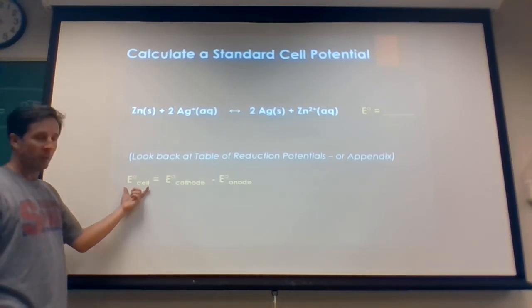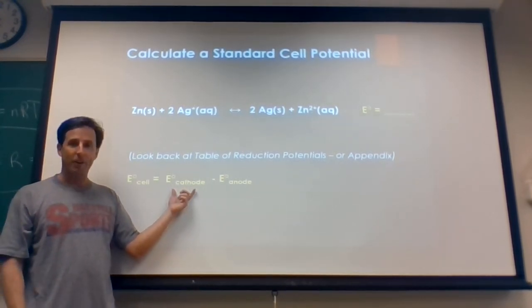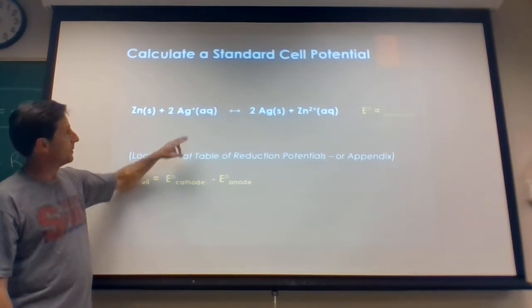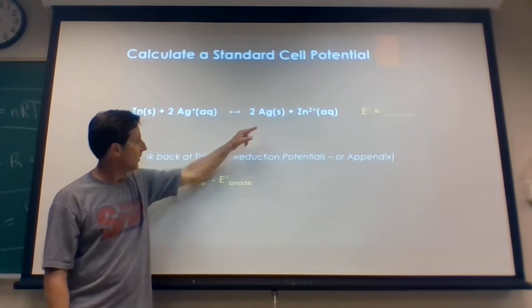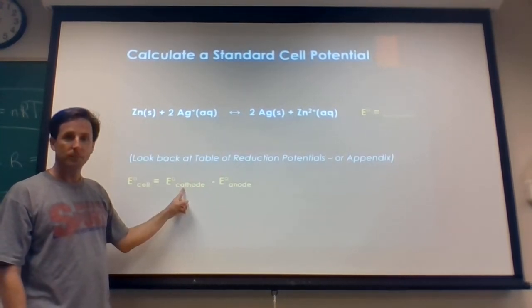The E of the cell, which is the whole reaction, is going to equal the E of the cathode, which in this case, cathode's reduction. That's going to be silver going from +1 to 0. So if I look up the value for silver, it's going to go right here.